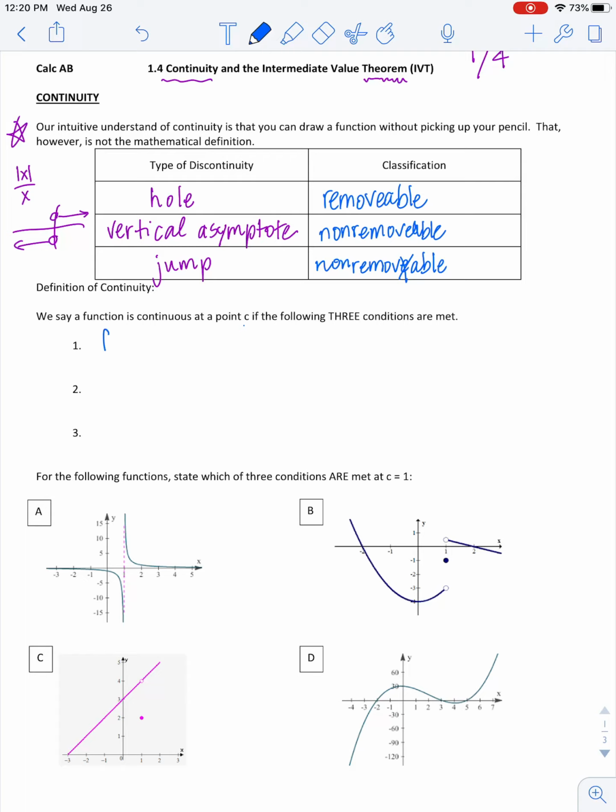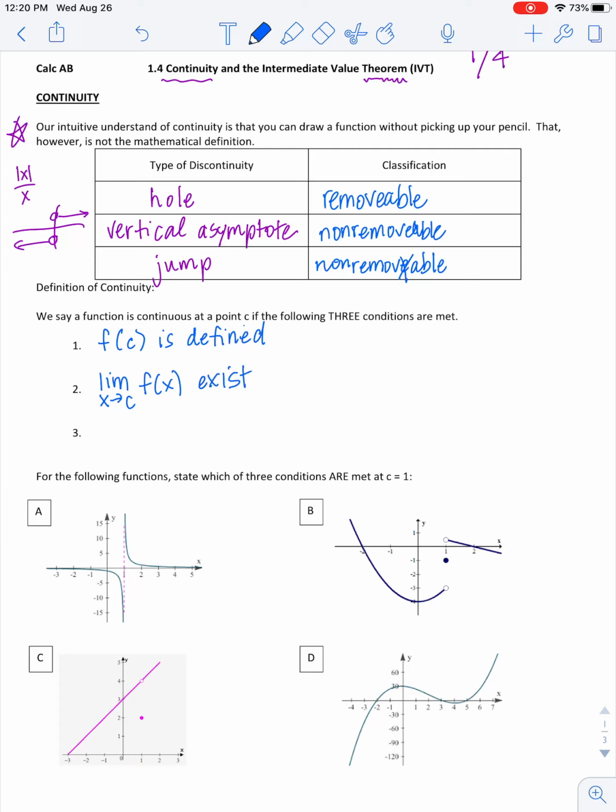The first one is that the function needs to be defined at that point. So that means at the x value C, you have to be able to plot a y value. That's all that means. The next thing is that the limit as you approach C has to exist.